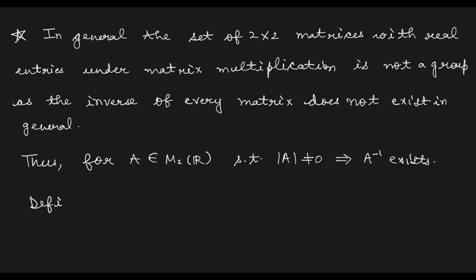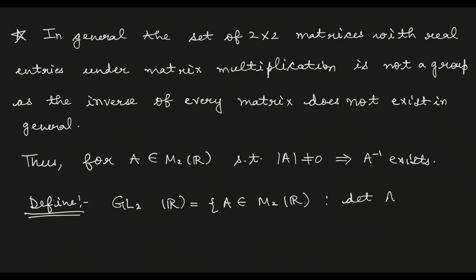Now define. The set which I have defined was the general linear group, GL2R. A belongs to M2R such that determinant of A is not equal to 0.